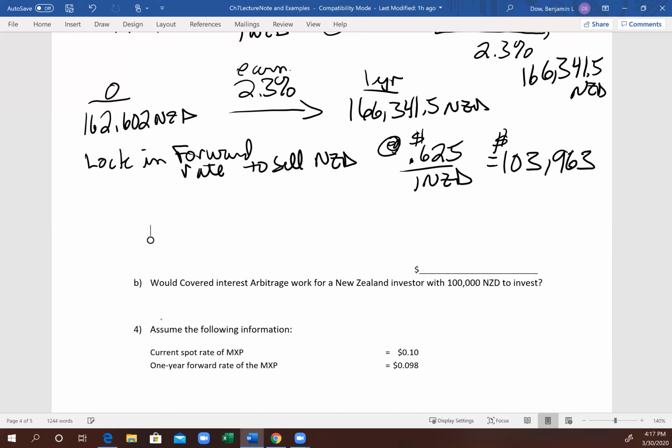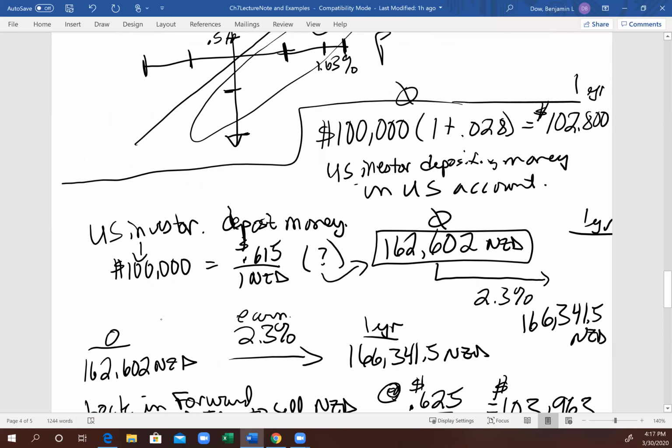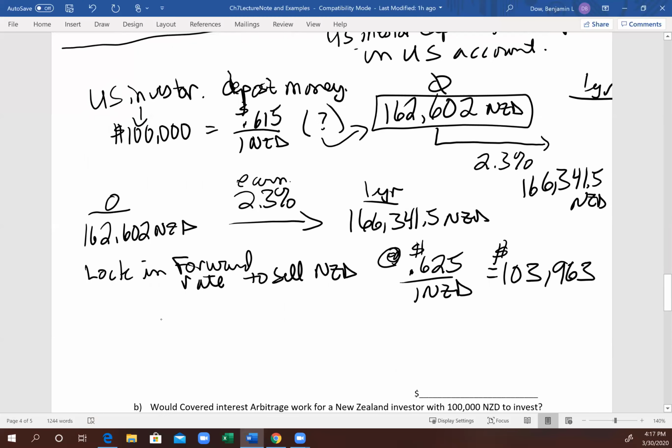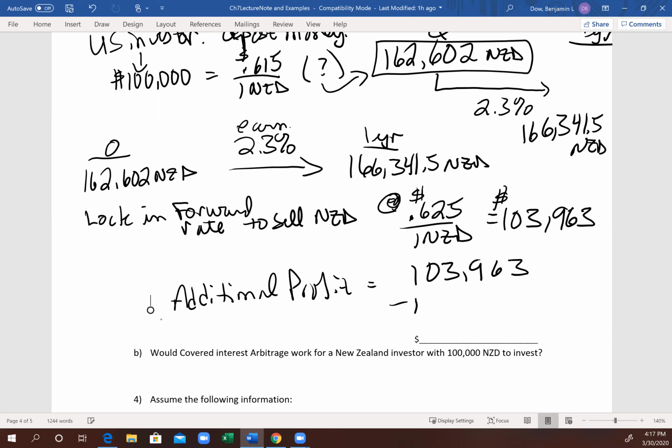Now this is important too. The additional profit is the fact that we got to compare apples to apples. So the additional profit is just the difference between the 103,000 minus what he would have had investing in the US after 1 year.